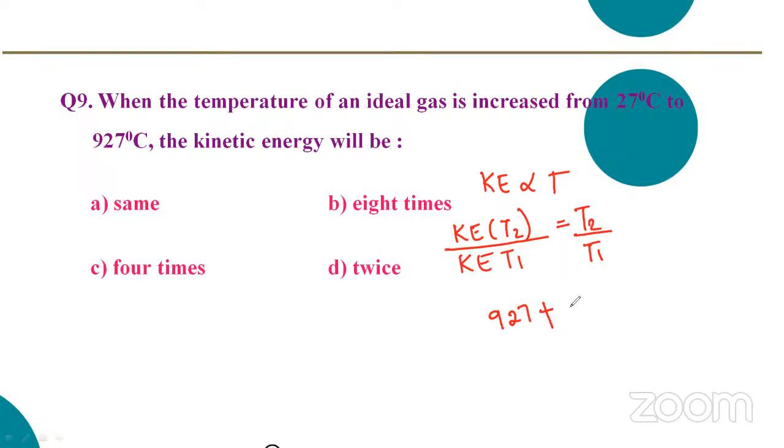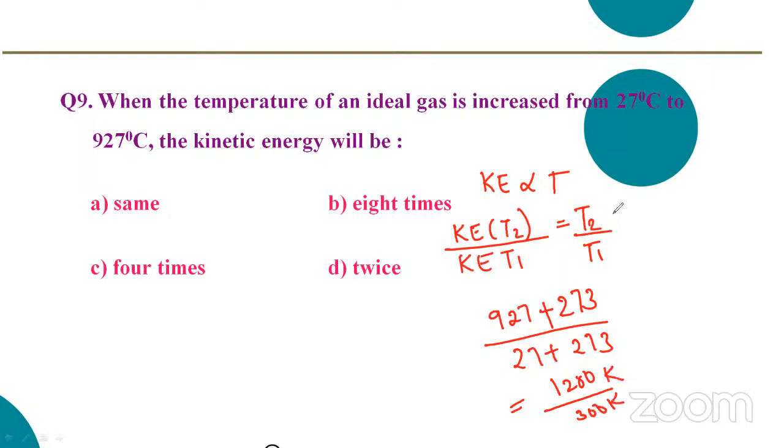So 927 plus you have to add it with the absolute temperature, divided by 27 plus 273. Okay. So you get 1200 divided by 300 Kelvin.